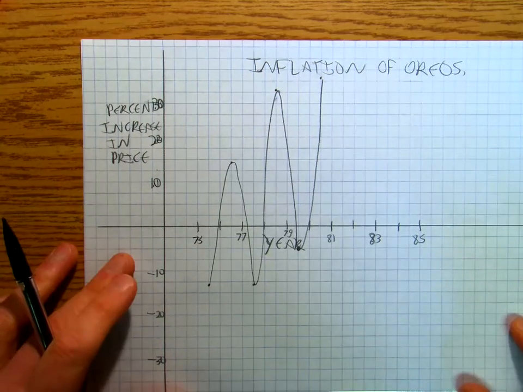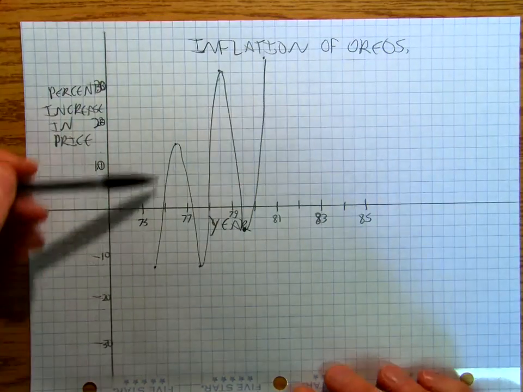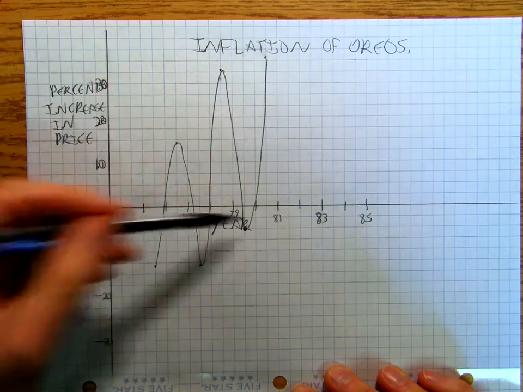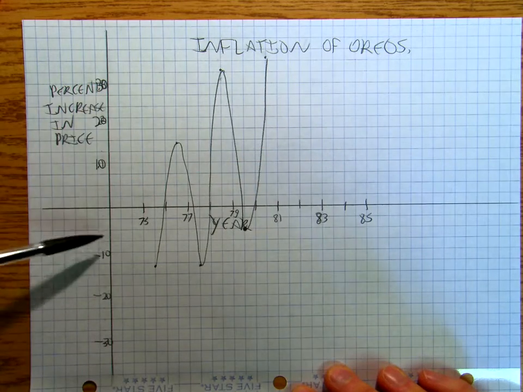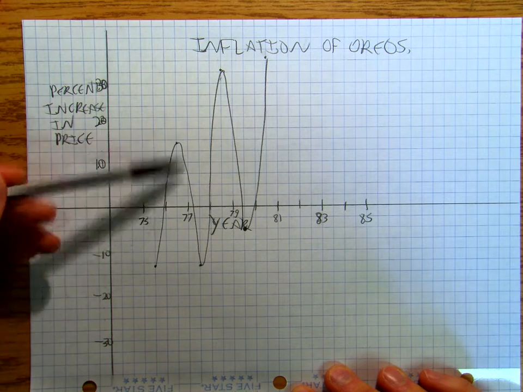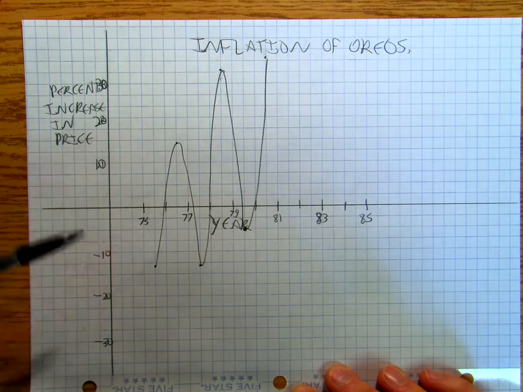What you'll see if I did the whole thing all the way through is that this graph spends more time above the x-axis than below it. That means the price of Oreos is spending more time going up than going down.